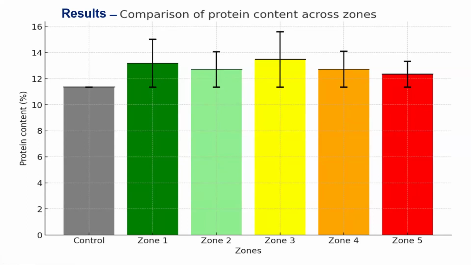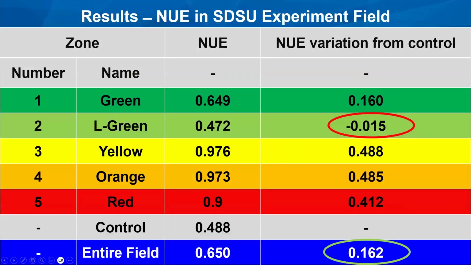For nitrogen use efficiency, except for one zone, light green, where we had a reduction, overall we increased the nitrogen use efficiency by 16.2%.